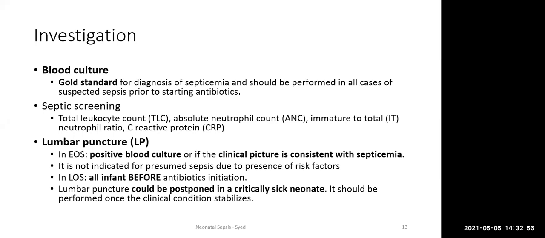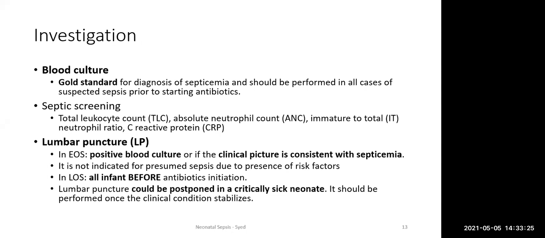Okay, so investigation. Again, for all sepsis, the main investigation is culture, kan. So culture can be from anywhere. You have to take culture from the most suspicious site. For early onset sepsis, most of the time the presentation is pneumonia, and sometimes bacteremia. That's where the focus of infection is.